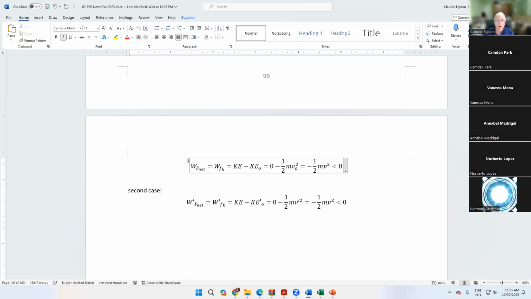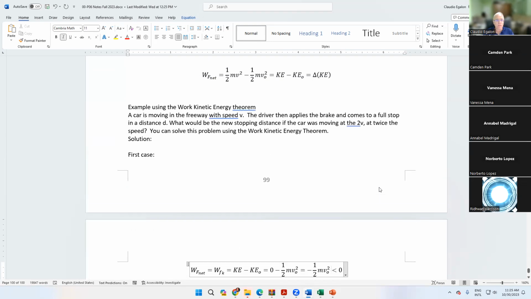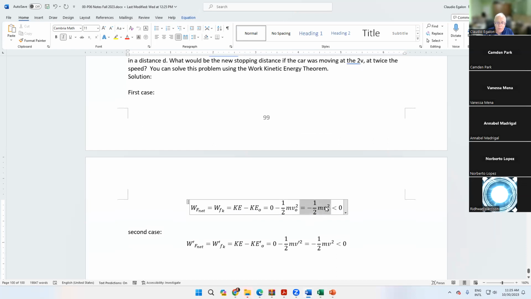Okay, the notation here is unfortunate. Initial velocity V naught. Car is moving. So I call V naught equal to V, right? That's what I did here.